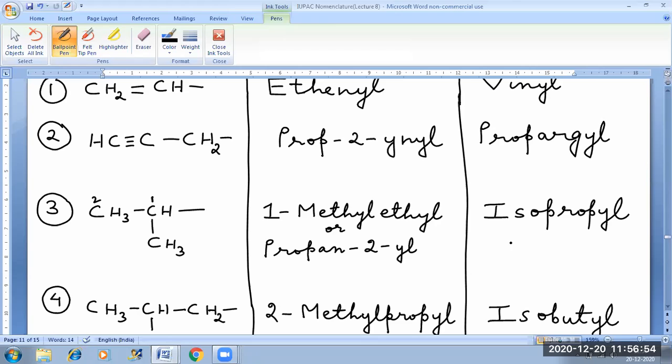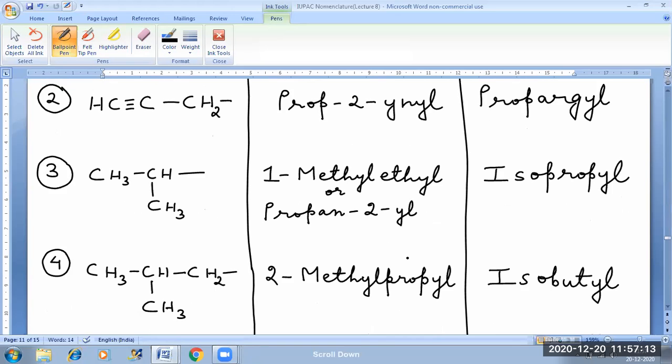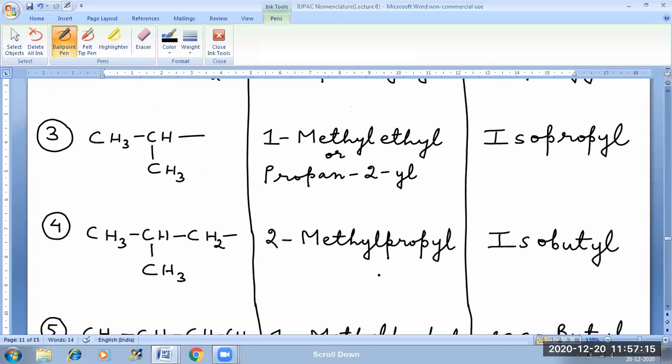You should know the different names because in options, if you find isopropyl, you may get confused because you will know only this. That is why I've given you the alternative names as well. Similarly, the fourth one is again a complex substituent which we have learned earlier as 2-methylpropyl. That's correct.